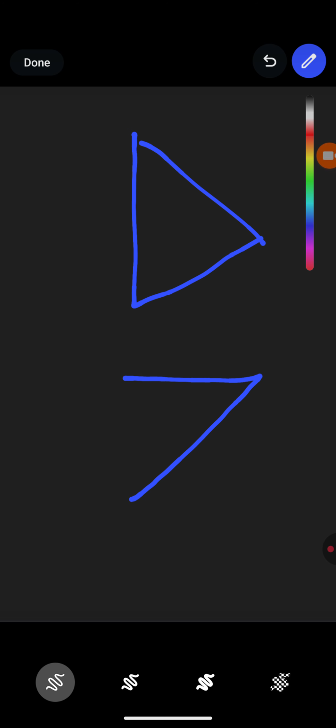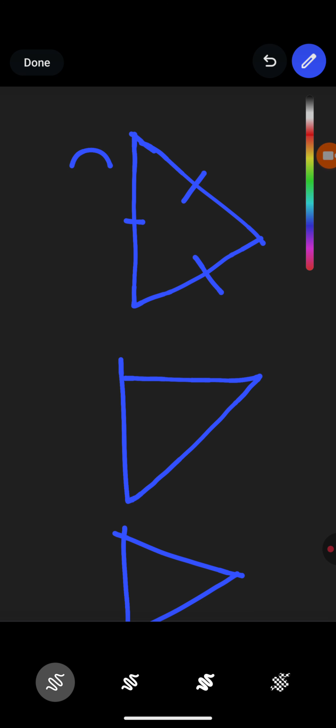There is just a normal triangle, there is a right angled triangle, there is what is called an equilateral triangle. Actually, I'll just mention three special triangles. The first one is called equilateral. An equilateral triangle has all the sides equal.